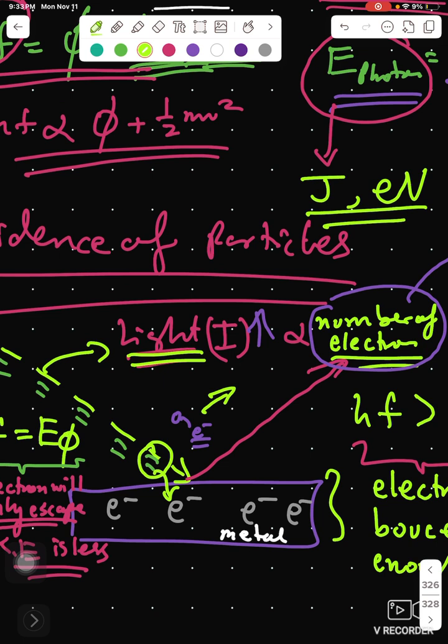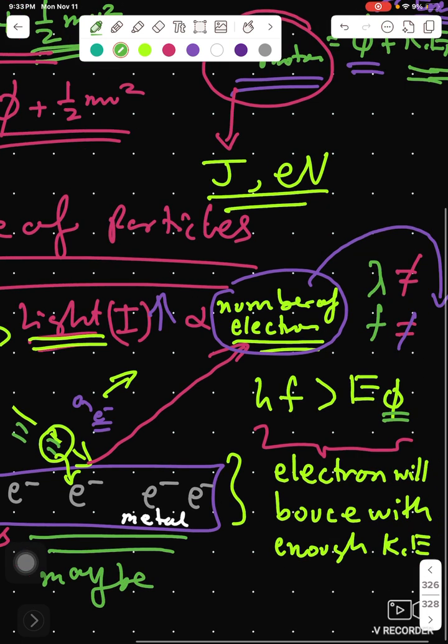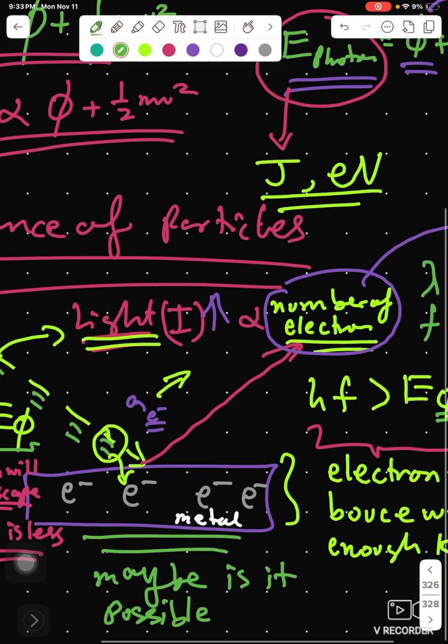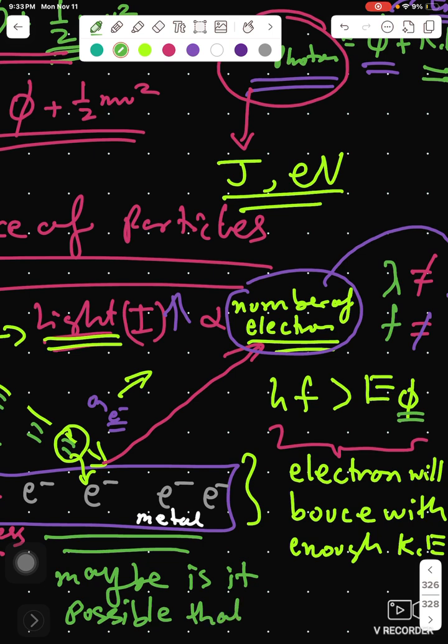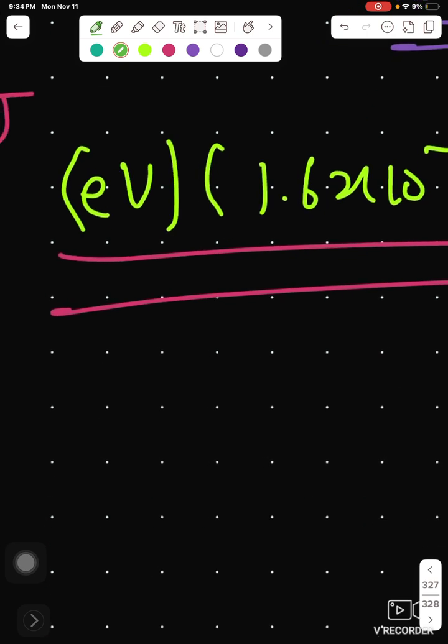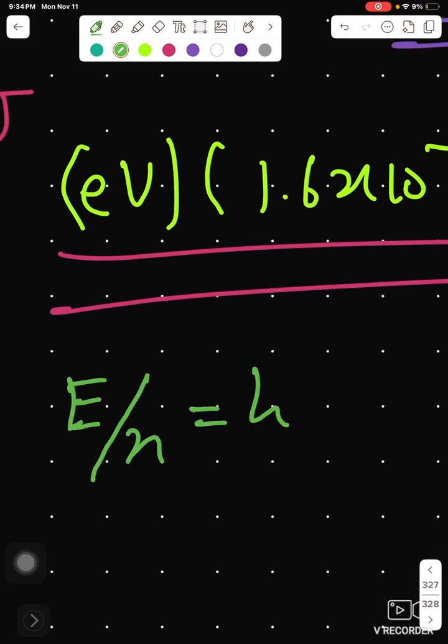One thing, there might be questions asked by students, like, is it possible that the metal, because we know the amount of electrons bounced off, let's suppose if I calculate it, I could do this: energy, N equals hf.